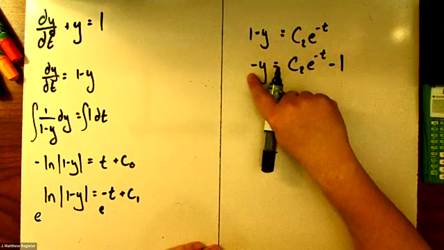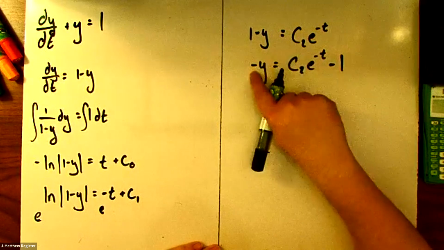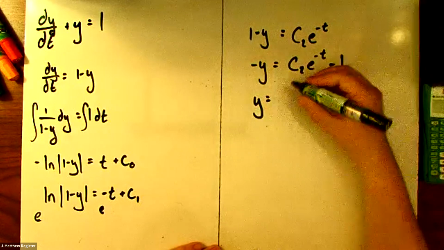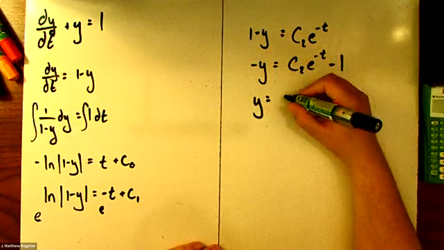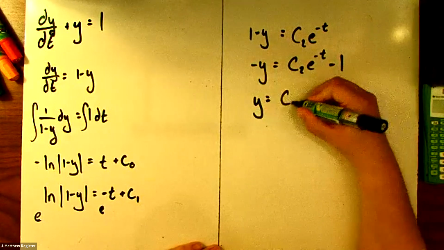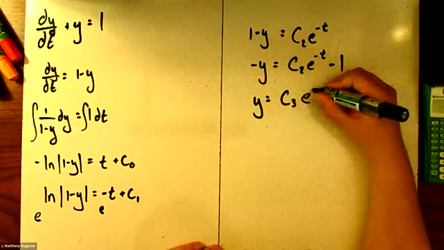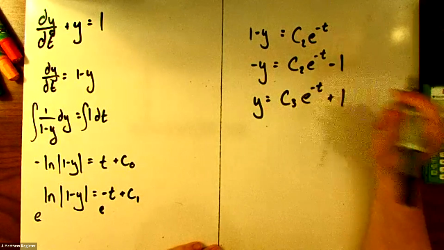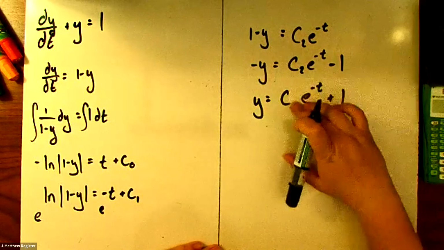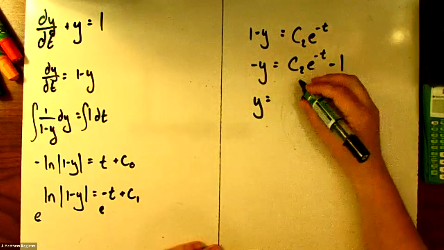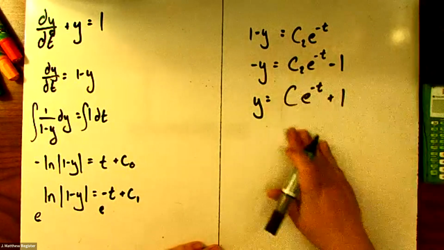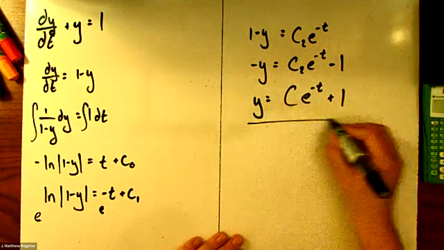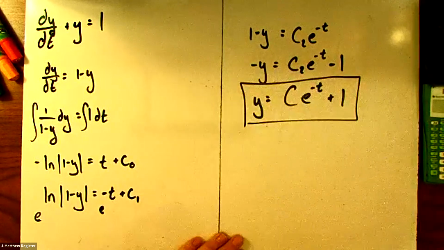And then our last step is we need to change the sign of both sides, which would give us y equals, and now again, we could change the c2 so that it absorbs that minus sign, c3 e to the negative t plus 1, because we would have to change that sign. And now for our final answer, let's drop that 3 and just call this c e to the negative t plus 1. And that is our general solution.